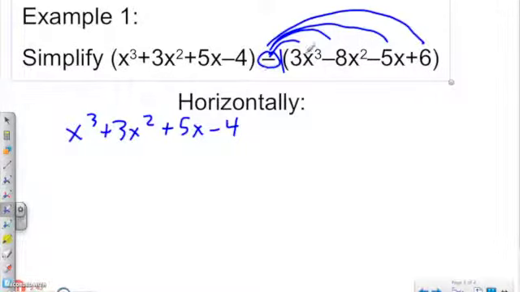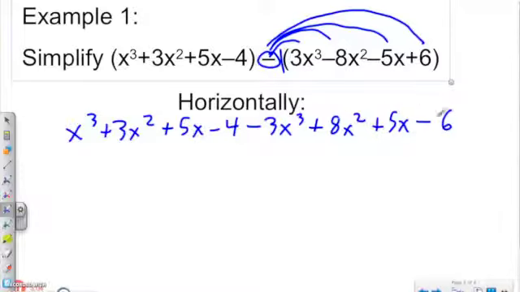So I take a -1 times a positive 3x cubed, and I'm going to get -3x cubed. Here I have a negative times a negative, and that's going to give me a positive 8x squared. Again, I have negative times a negative, so that's also going to be a positive 5x. And now I have a negative times a positive 6, which is going to give me a -6.